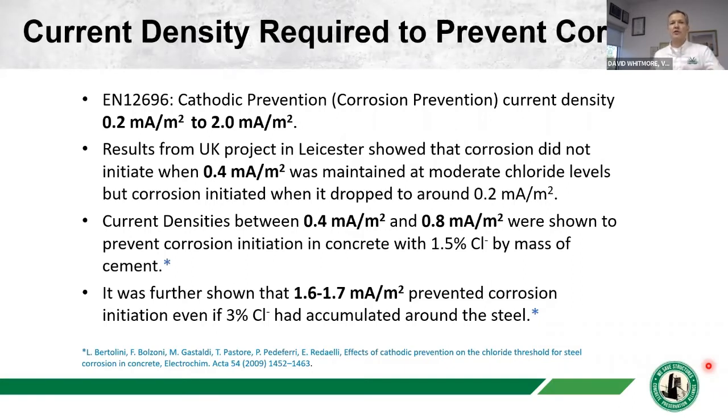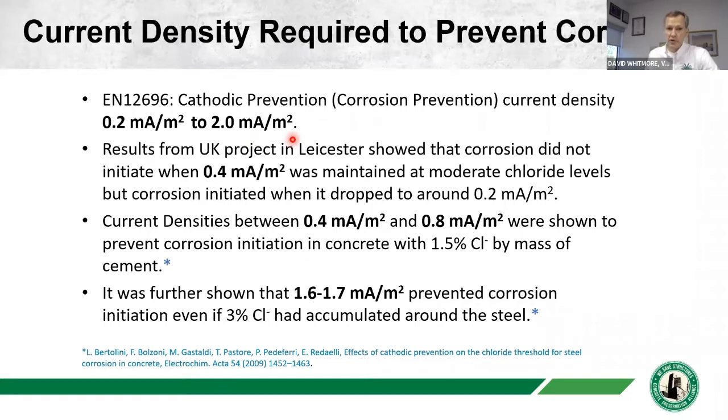For these examples, I'm just using the current required to prevent corrosion for cathodic prevention purposes. If we were doing cathodic protection, the design current density is going to be about an order of magnitude higher. And EN 12696 tells us that to prevent corrosion, we need a current density somewhere between 0.2 and 2 milliamps per square meter of steel surface area.